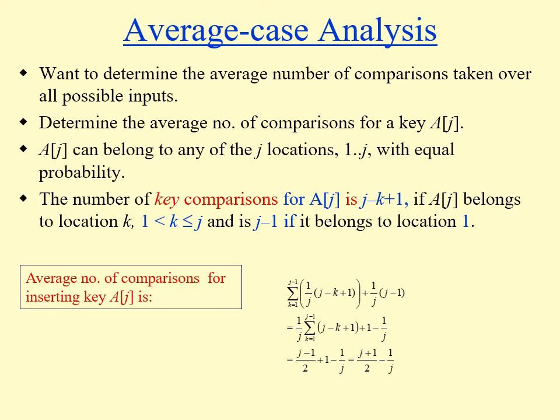So in fact, for average case analysis, the correct way is that we count every case, its possibility, its complexity, and then we do weighting. So that means what's the chance for each case, and what's the complexity for that case, and then we weight them together, or we add them together, correct?